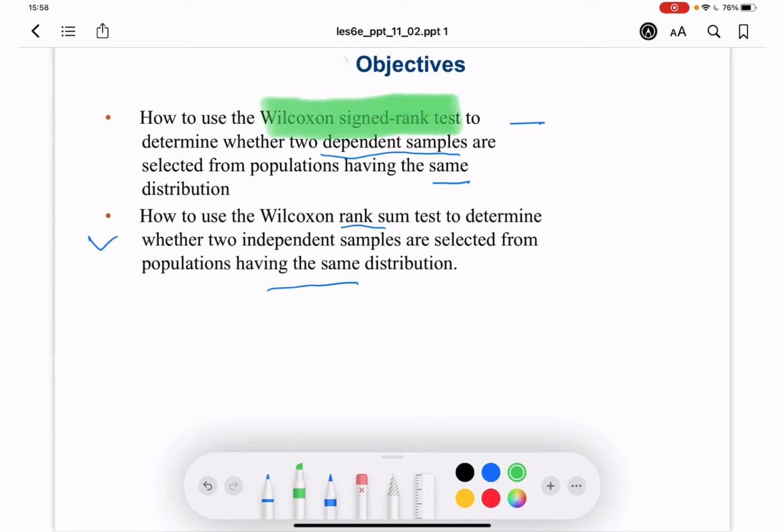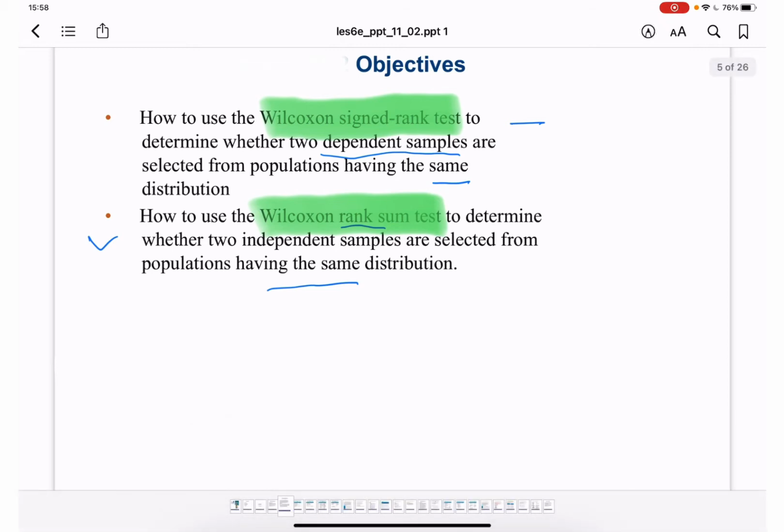In one case, we are using dependent samples. In the case of the rank sum test, we are using independent samples, but in both cases, the Wilcoxon test is going to identify if samples are selected from the same population having the same distribution.